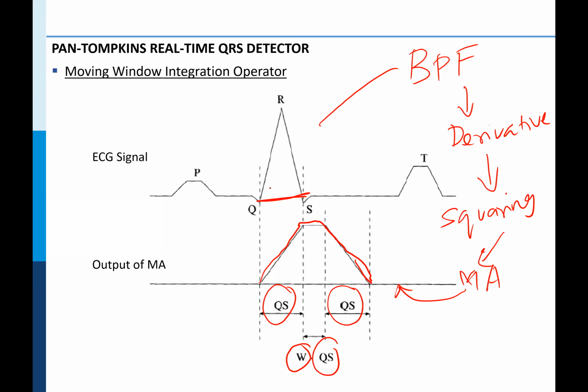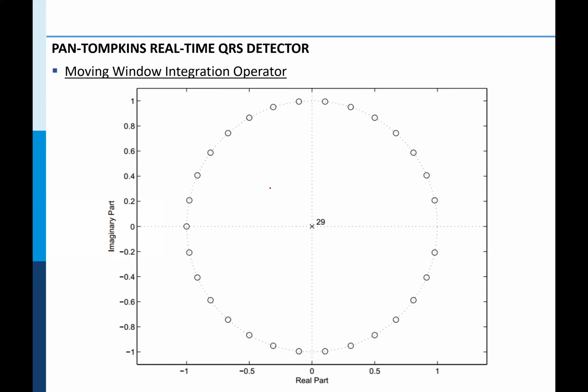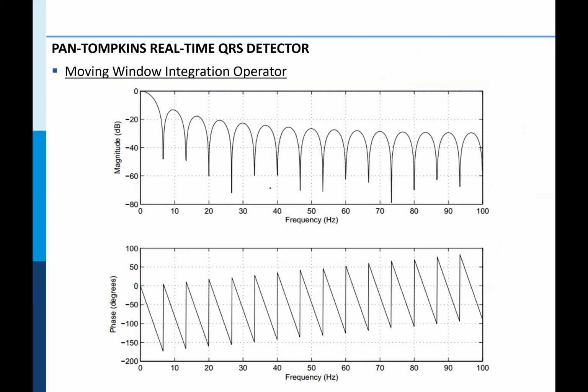So it also gives the width of the QRS complex. This is the moving average filter which we just discussed. The pole-zero diagram will look like this, and this is its magnitude and phase response.